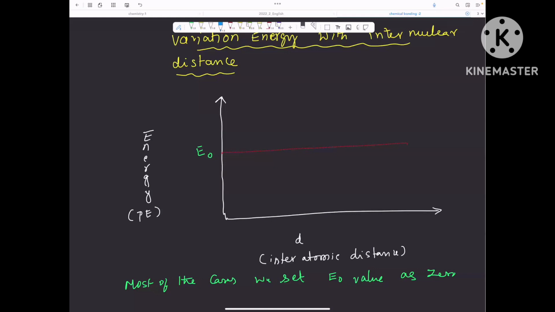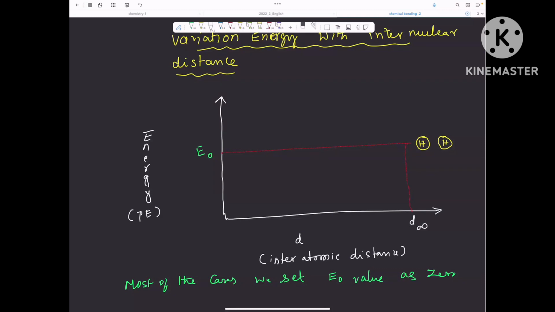When hydrogen atoms are infinitely far apart, let us say this is infinitely large, here we have two hydrogen atoms, H and another H, and let us call this D infinity.